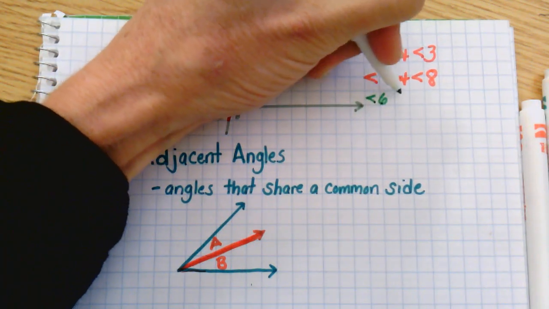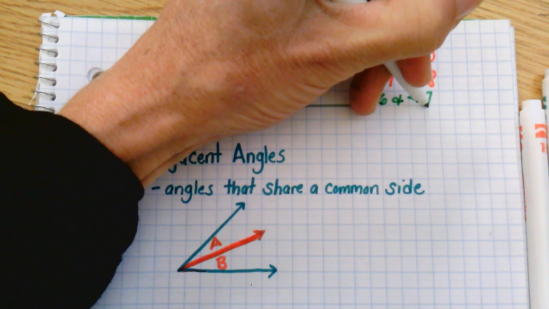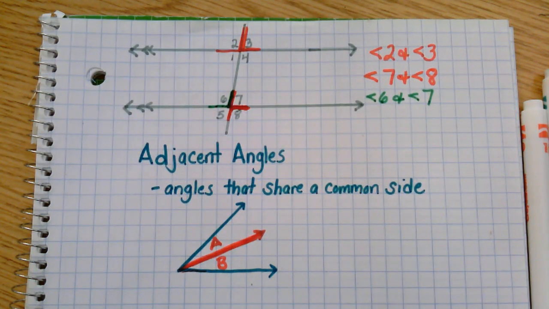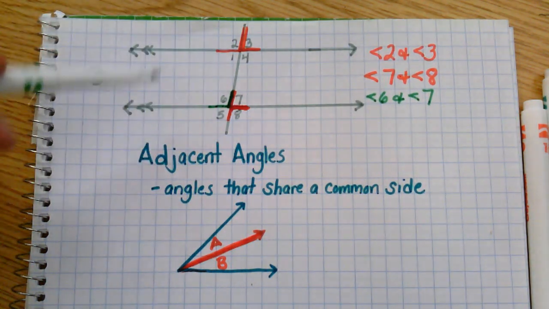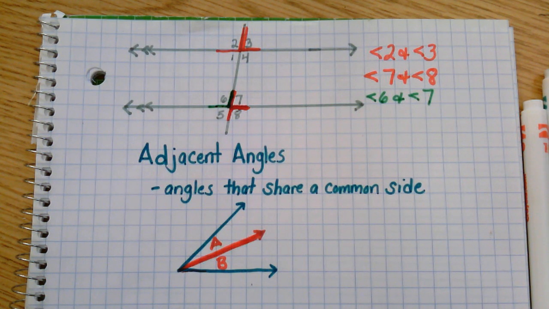Angle 6 and angle 7 are also adjacent angles. There are many more pairs of adjacent angles in this diagram. If you would like, you can pause the video and see if you can identify more pairs of adjacent angles.